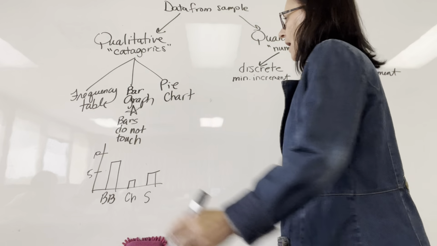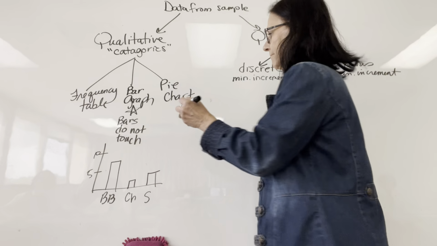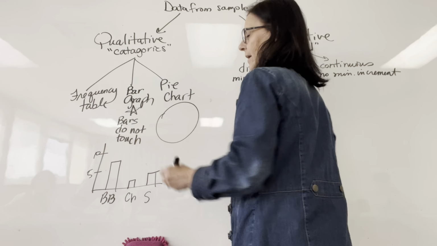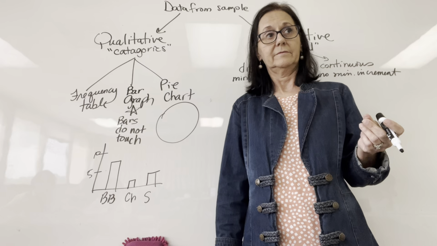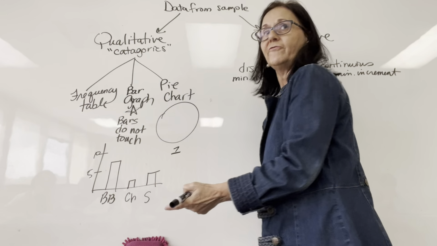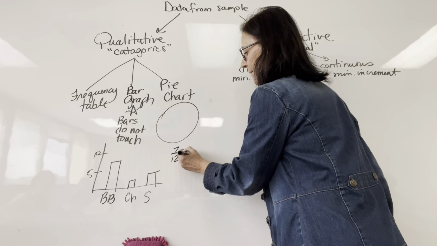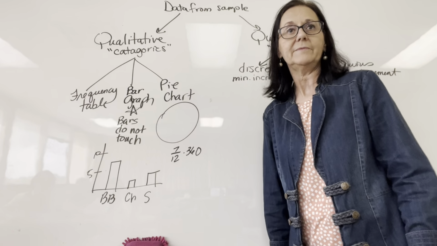All right. Now a pie chart. Okay, we need to calculate the central angles for a pie chart. So 7/12 times 360. What's 7 over 12 times 360? 210.